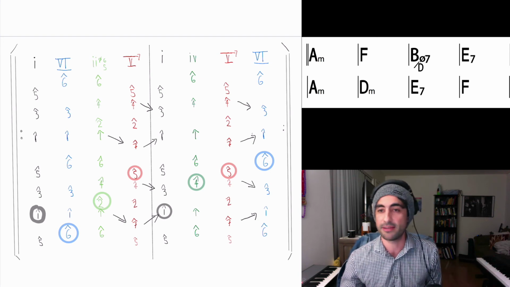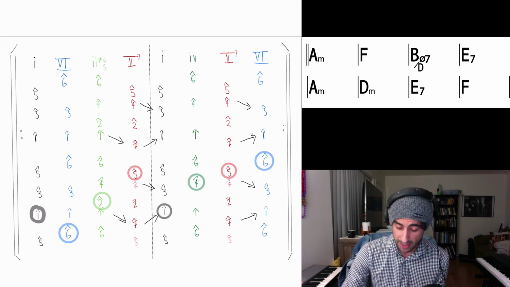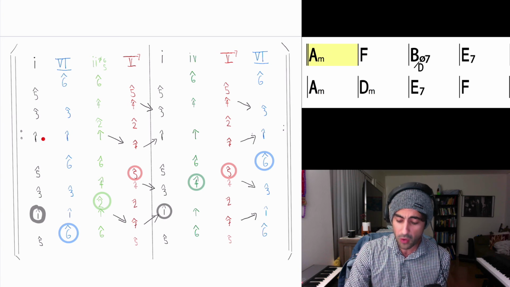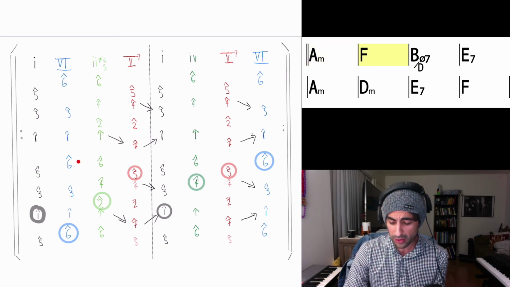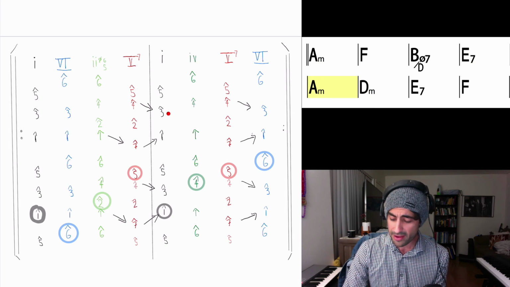I'll start on me this time. So half notes. Me, do, do, le, fa, do, ti, sol, sol, me, fa.